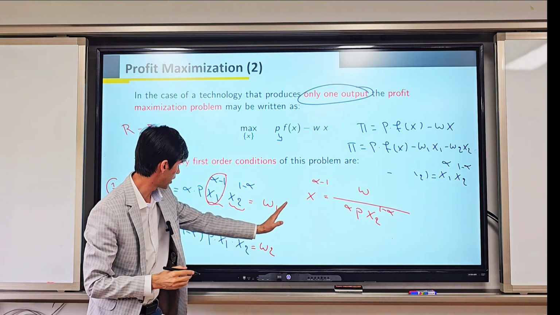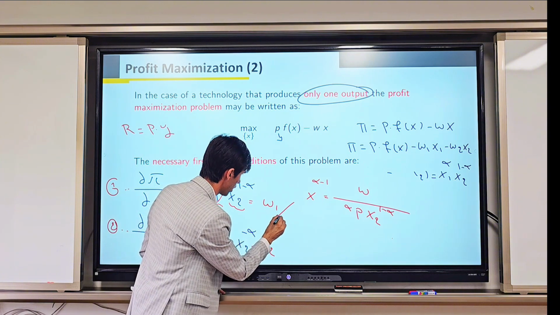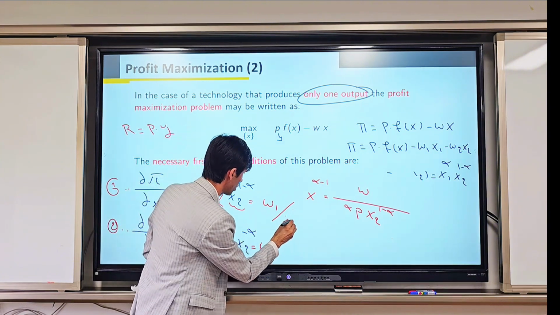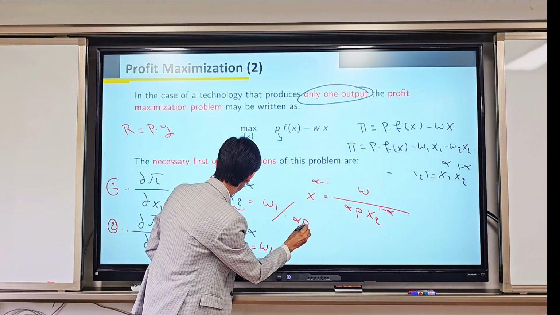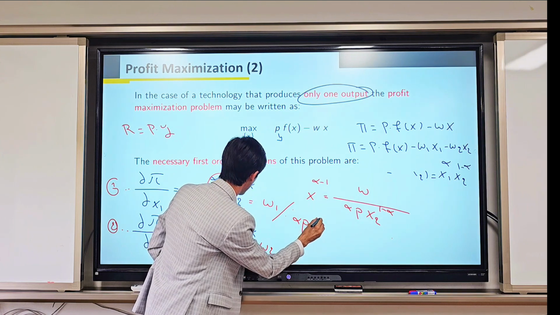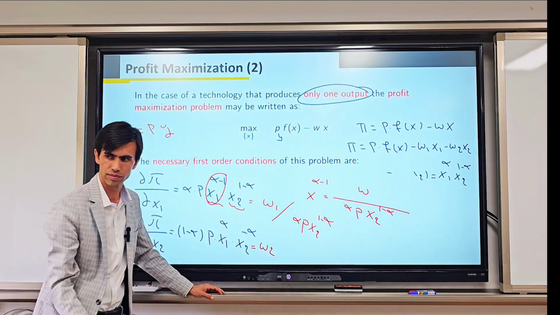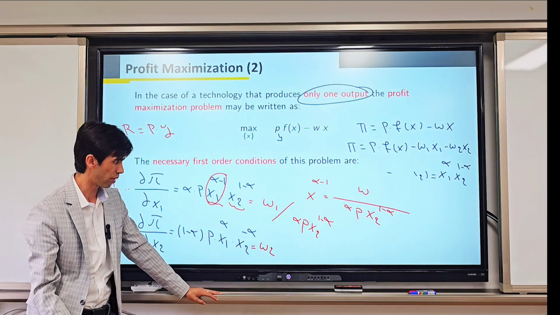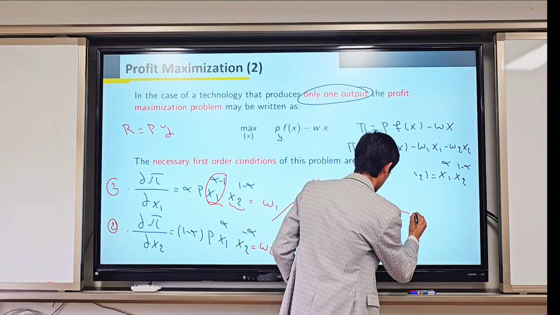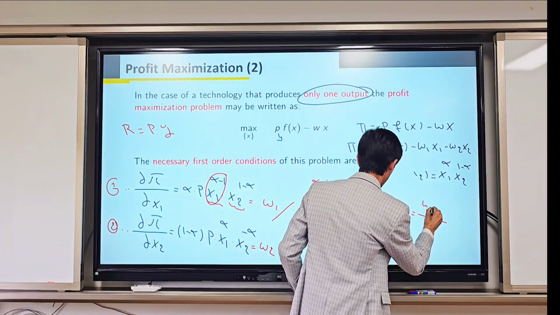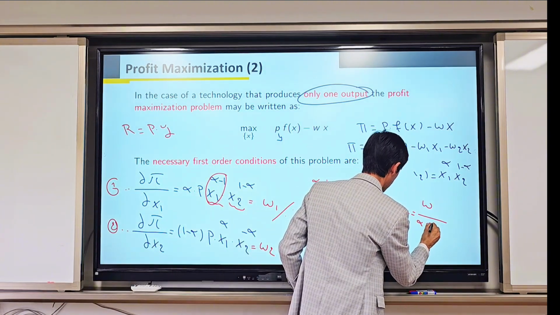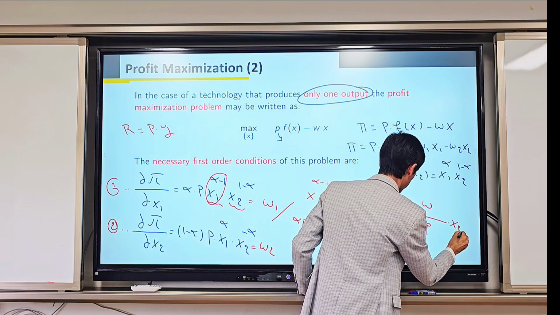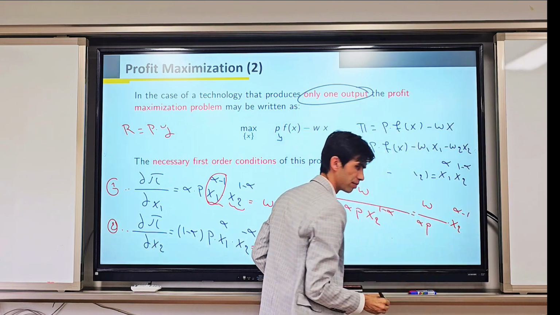So in that case, we have to divide both sides of the equation by alpha p x2 to the power of 1 minus alpha. You can also write this as w divided by alpha p multiplied by x2 to the power of alpha minus 1.